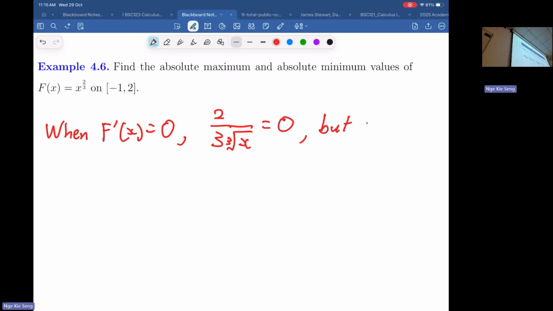Unfortunately, you can't get anything very useful from here. So where else do you need to look? You fail to find a stationary point, so you still have two things to check: the singular point, and then the boundary, the endpoints.